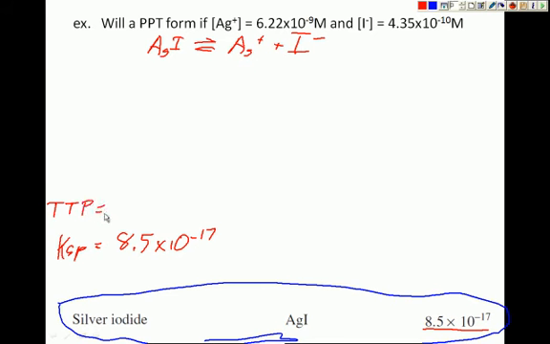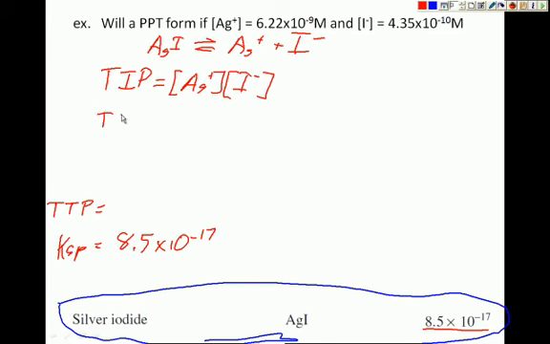Our trial ion product is like our Ksp, it's our Ksp test. It is very similar to Ksp in some ways, and it is going to be the concentration of Ag times the concentration of iodide. Because it's a 1 to 1 to 1 ratio, there's no squaring or cubing of anything.